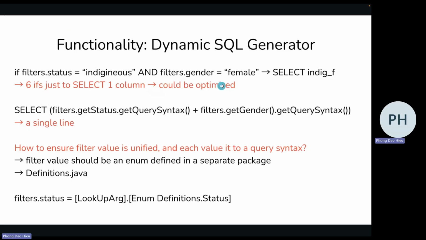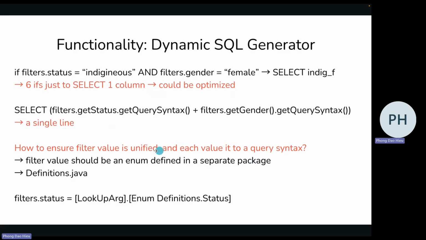This could be optimized by putting everything into a single line, and that is by storing query syntax into the filter value itself. But the problem is that filter values have to be unified and they have to store a query syntax.